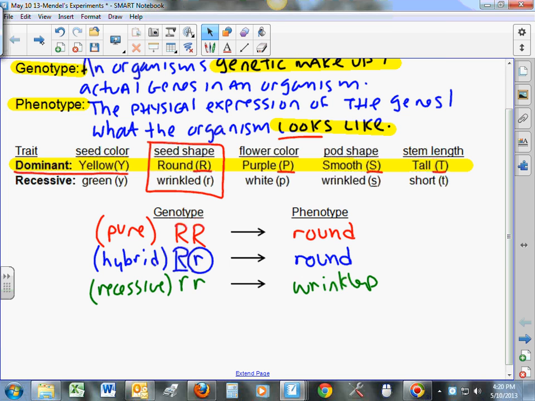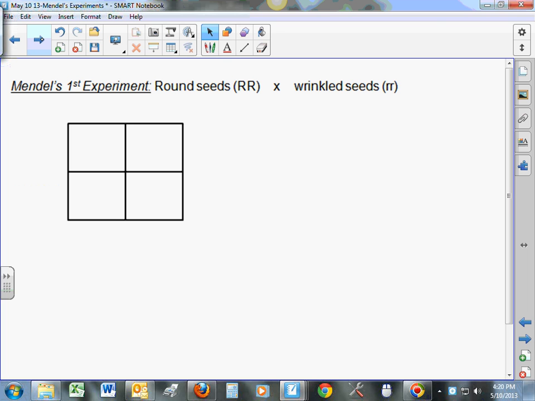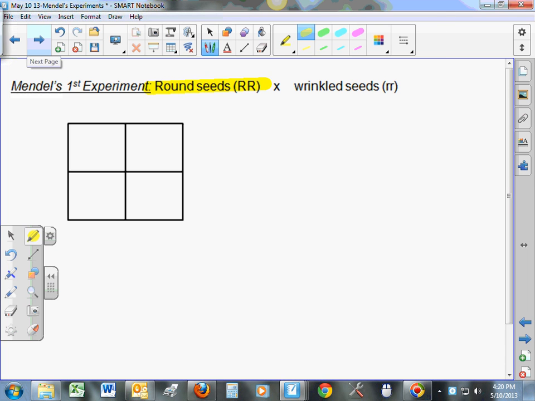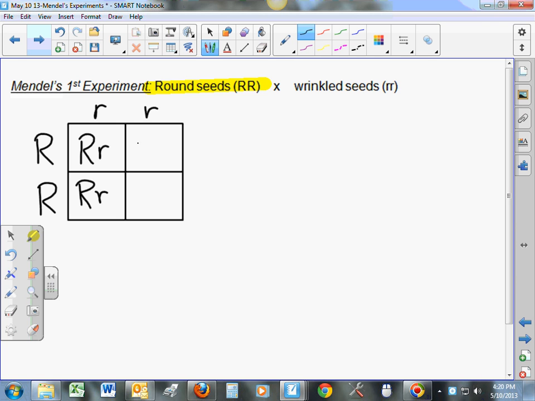So the first thing that Mendel does is he takes a plant that has round seeds and he crosses it with one that has wrinkled seeds. Now he doesn't know what the genotypes are. He just knows that it's a plant that has round seeds and one that has wrinkled. So when we cross them, this is what you get, all hybrids.